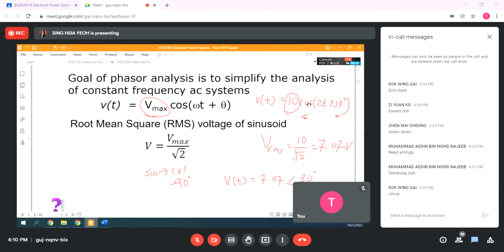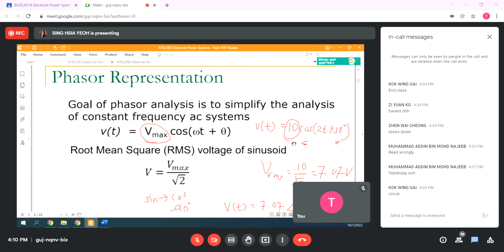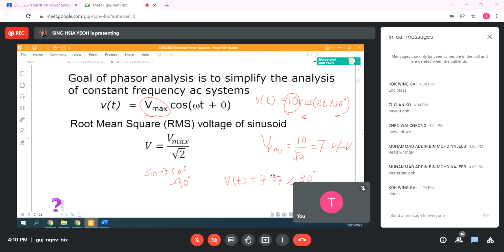In your circuit course it is a bit different, but I already checked, both books actually state different things. In the power book, they state this is Vmax, the maximum value. So when you want to write in phasor format, in polar format, you need to divide by the square root of 2 to find the RMS value.